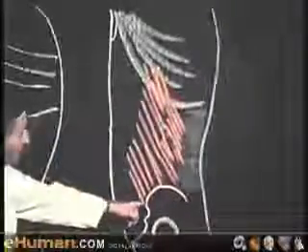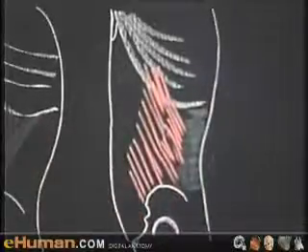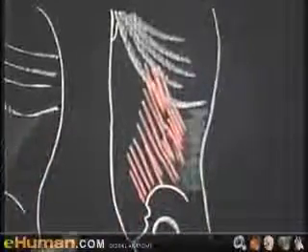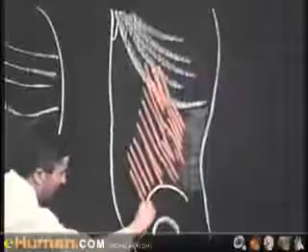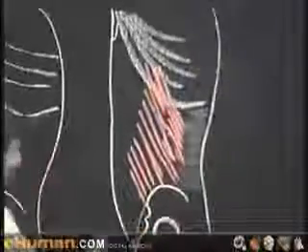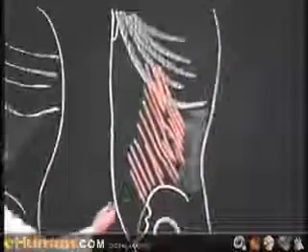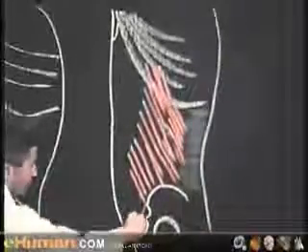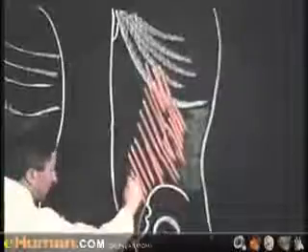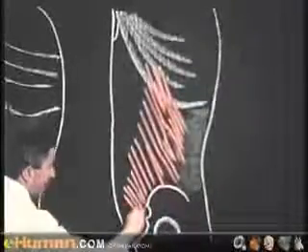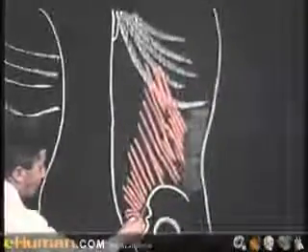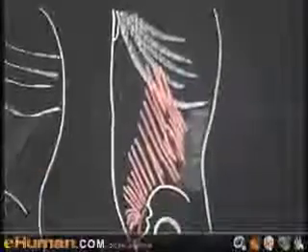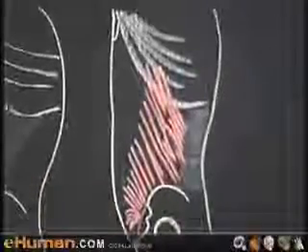And when the origin reaches the point of the anterior superior iliac spine, we mustn't forget that here we have the inguinal ligament. And we find that the fibers of the internal oblique arise from the lateral half or lateral two-thirds of that ligament. And here they are coming off, and then they're beginning to arch over in this way, as I've indicated.